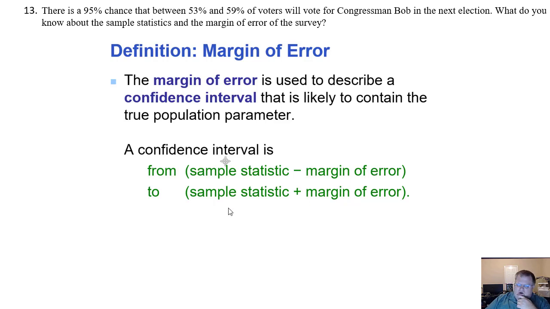Okay, so just kind of walk you through what we're looking at here. We are looking at what's called a confidence interval, and so this 53 and 59% would be what's considered to be the endpoints of the confidence interval. So normally it looks like something like this.